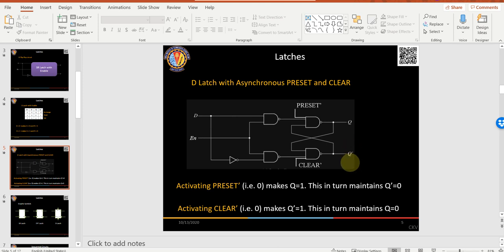That is why in that graph we saw it is known as preset and clear, while in some ICs some manufacturers prefer calling it reset and set. Reset is clear and preset is set. You see this input is directly given at these NAND gates at the output, so it has nothing to do with the clock and it has the highest priority here. Is it okay?